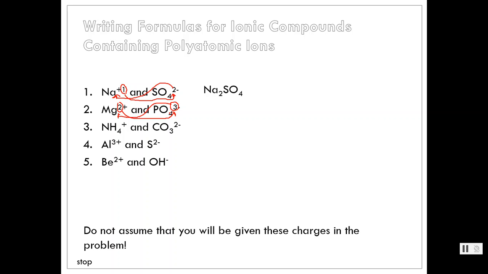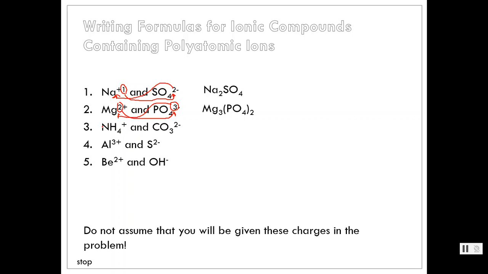Anytime you have more than one polyatomic ion when writing a chemical formula, you need to use parentheses. So the answer for this is going to be Mg subscript 3. No parentheses needed for Mg because that's monoatomic. But since I've got more than one of the polyatomic PO4, I need to put it in parentheses and subscript 2. So that is the balanced chemical formula for magnesium and phosphate.